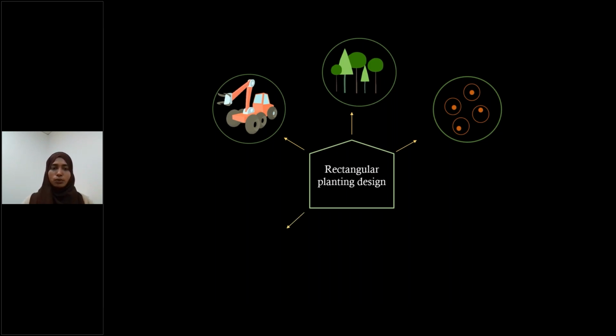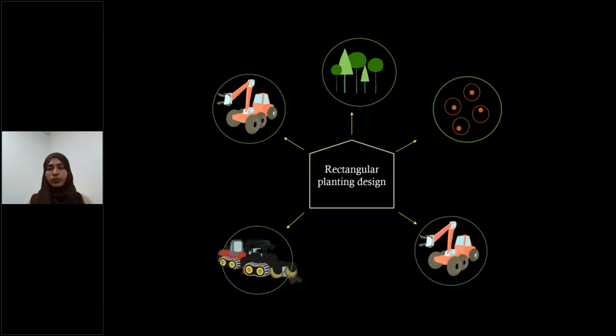Moreover, it can also be helpful in soil scarification or soil preparation. You can just do the soil scarification in the rows, not all over. And then finally, when the commercial thinning is done, a strip road is created for thinning.